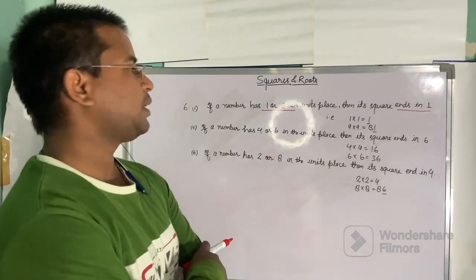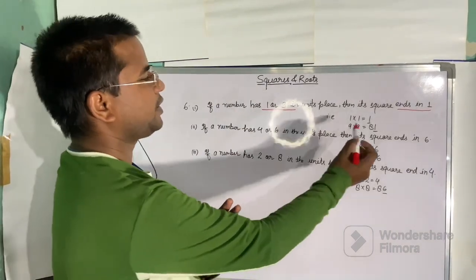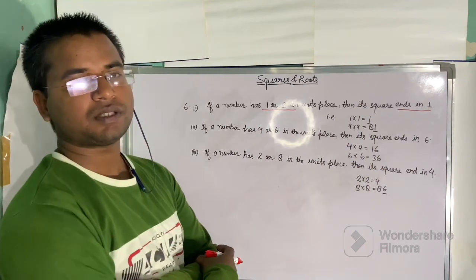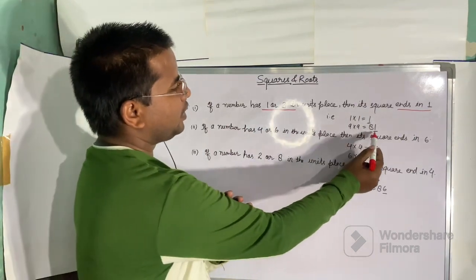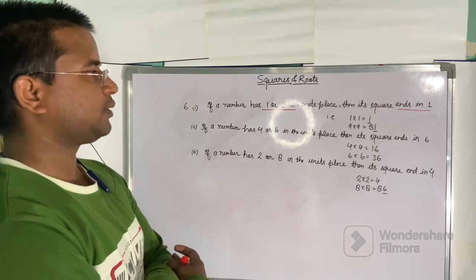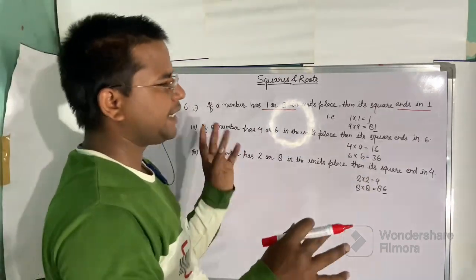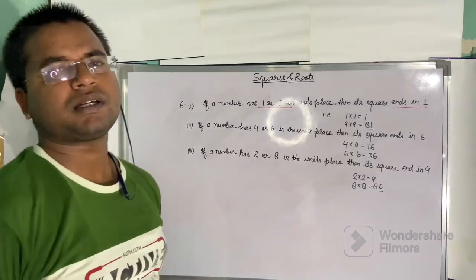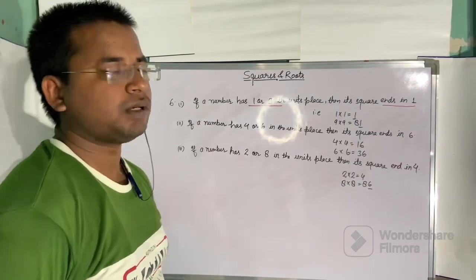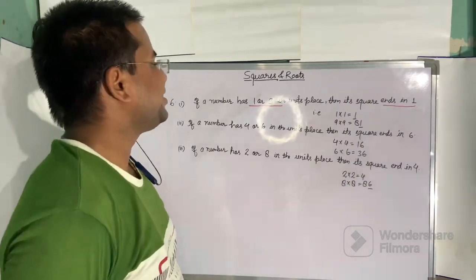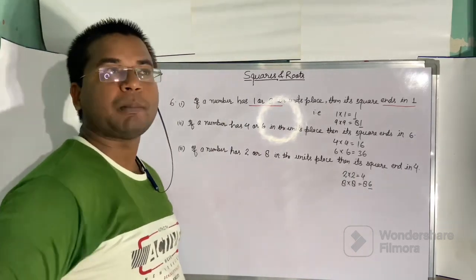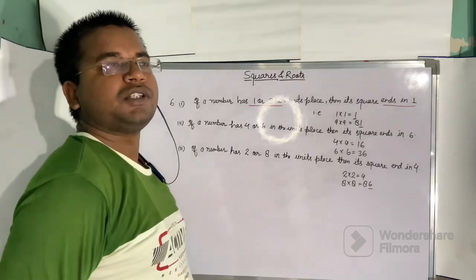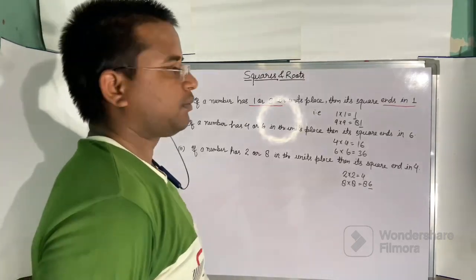Because if we multiply 1 by 1, it's 1, and if we multiply 9 by 9, the unit digit is always 1. So for any number, it does not matter how big, if its unit digit is 1 or 9, then the unit digit of its square is always 1.